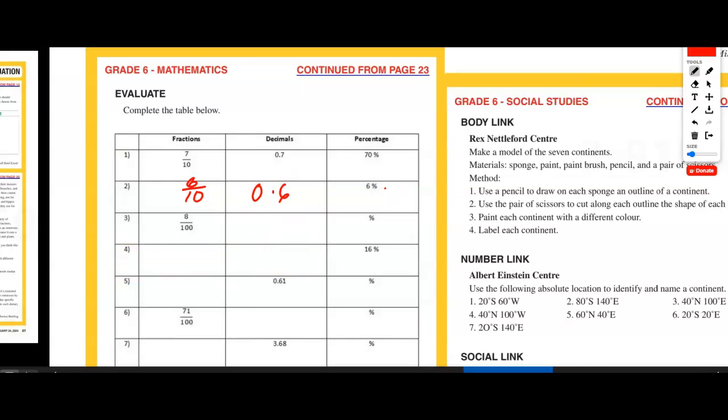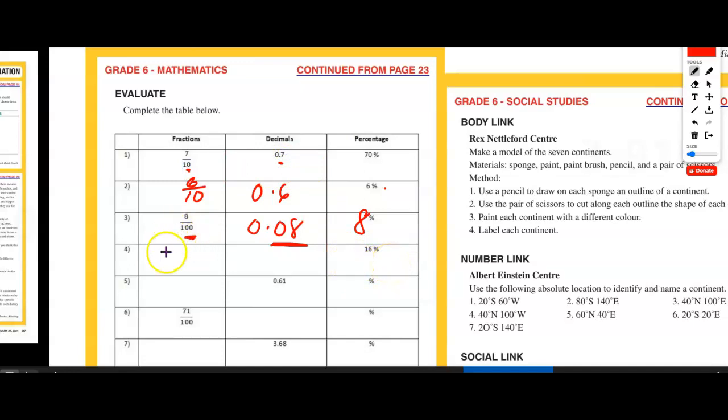The next one would be 8/100, okay, so 8 parts out of 100, and that would be, as a percentage, 8%, and as a decimal, this would be 0.08. Now pay attention to this. Here in the hundreds, I have 2 zeros, which means that I need to have 2 places of decimal, with the 10, I have 1 zero, 1 place of decimal.